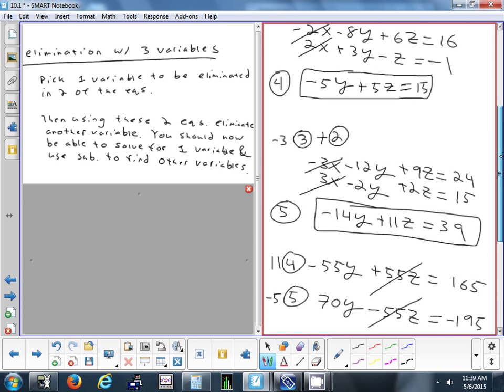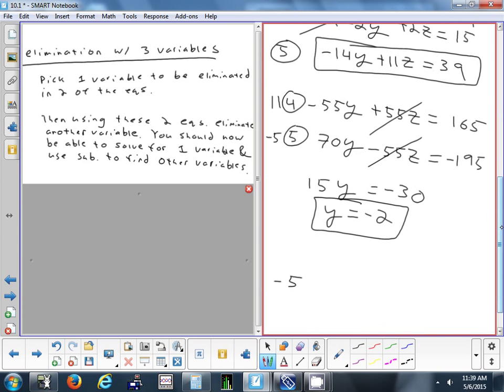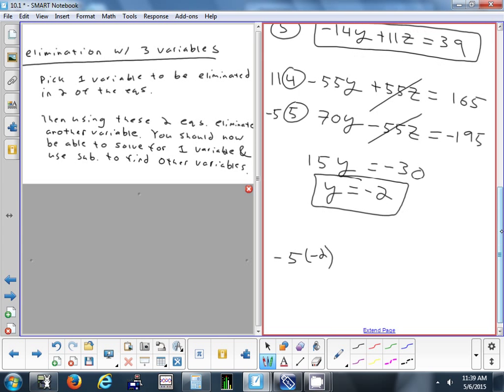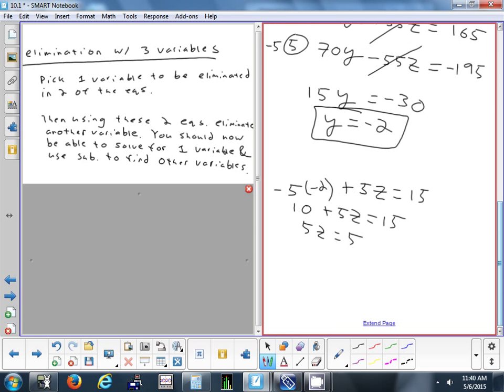So you're going to have negative 5 times negative 2 plus 5z equals 15. It's going to give you 10 plus 5z equals 15. Bring the 10 to the other side. z equals 1.